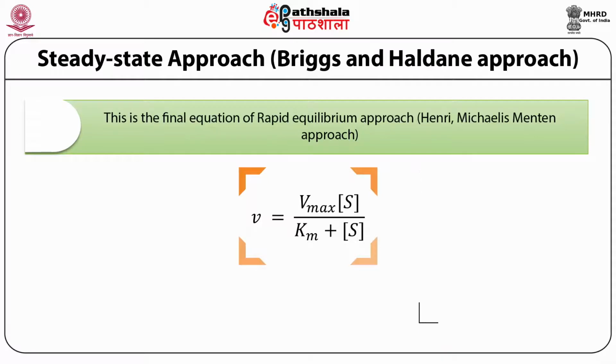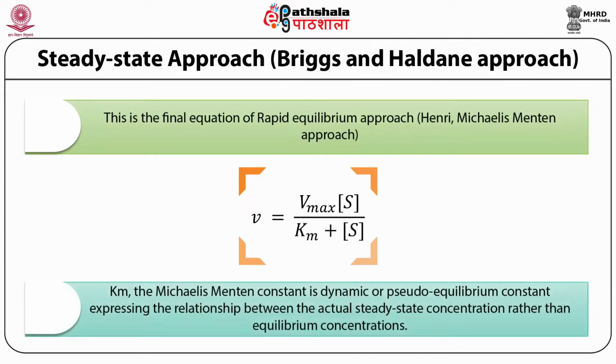So what is Km here? Km is the Michaelis Menten constant, which is a dynamic and pseudo equilibrium constant, because we are talking about steady state here, so we are not having equilibrium. That's why it is a pseudo equilibrium constant, expressing the relationship between actual steady state concentrations rather than equilibrium concentrations.